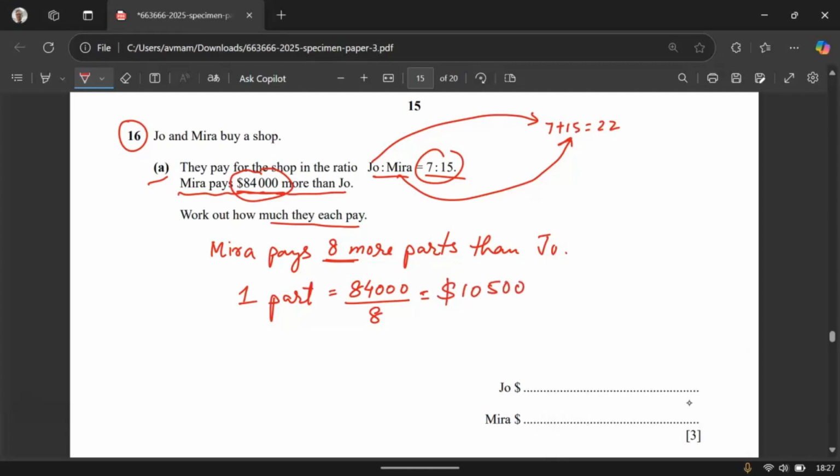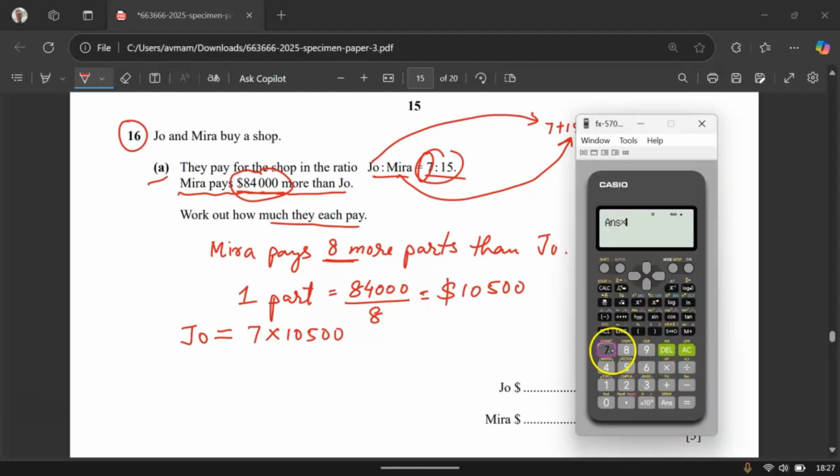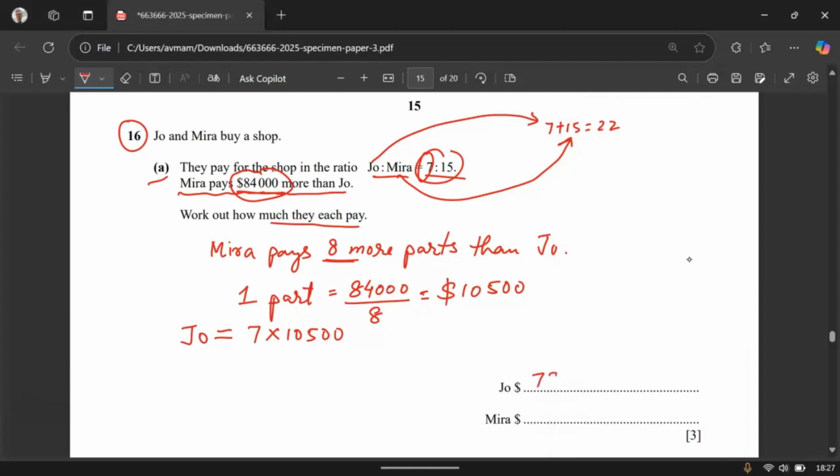Alright, now for Joe it is 7 parts, so 7 times 10,500, that is 73,500. And then for Mira it is 15 times 10,500.